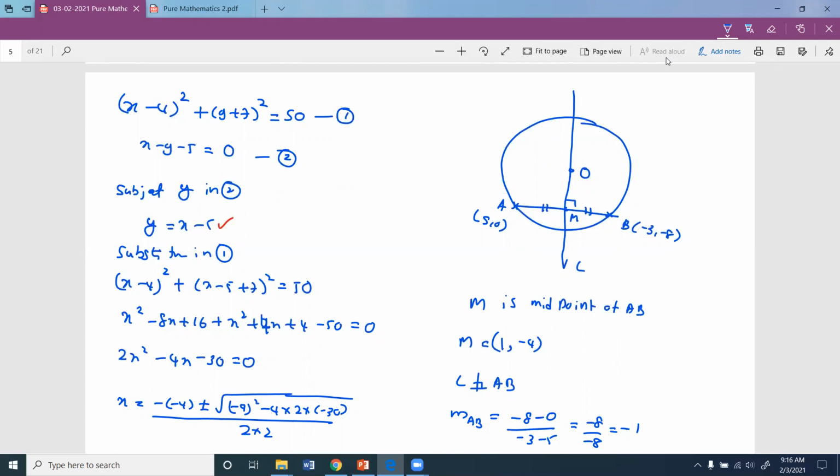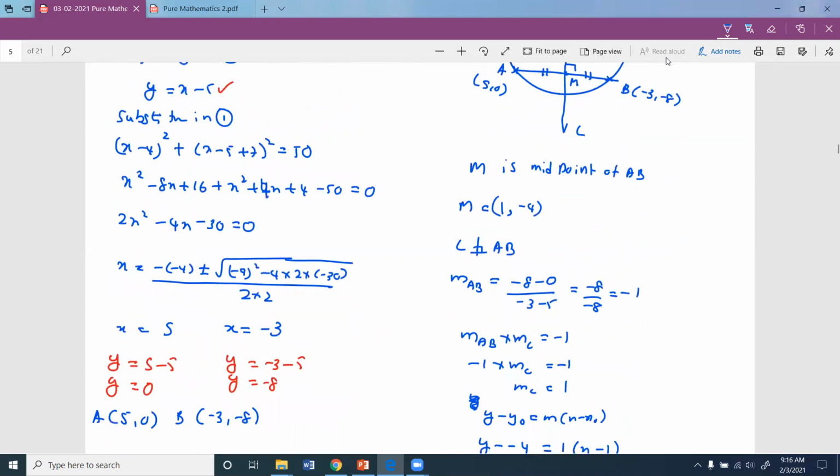Expanding, x squared plus x squared is 2x squared, minus 8x plus 4x, 16 plus 4, minus 50, and the constant is minus 30. If you solve this, the values you obtain are x equals 5 and x equals minus 3. That is correct. If I put 5 here, 5 minus 5 is 0. If I put minus 3 here, it's minus 8.